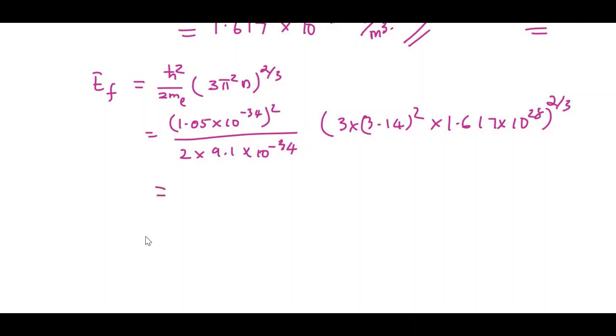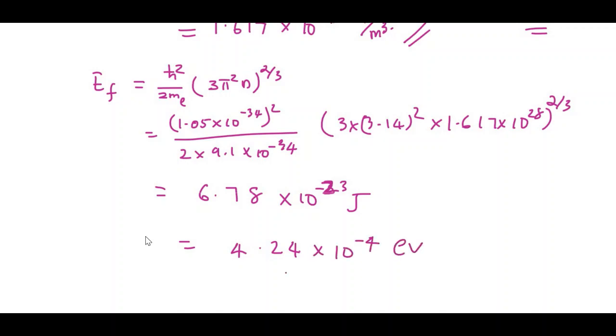Final answer becomes 6.78 into 10 power minus 23 joule. If we convert this into electron volt, then answer becomes 4.24 into 10 power minus 4 electron volt.